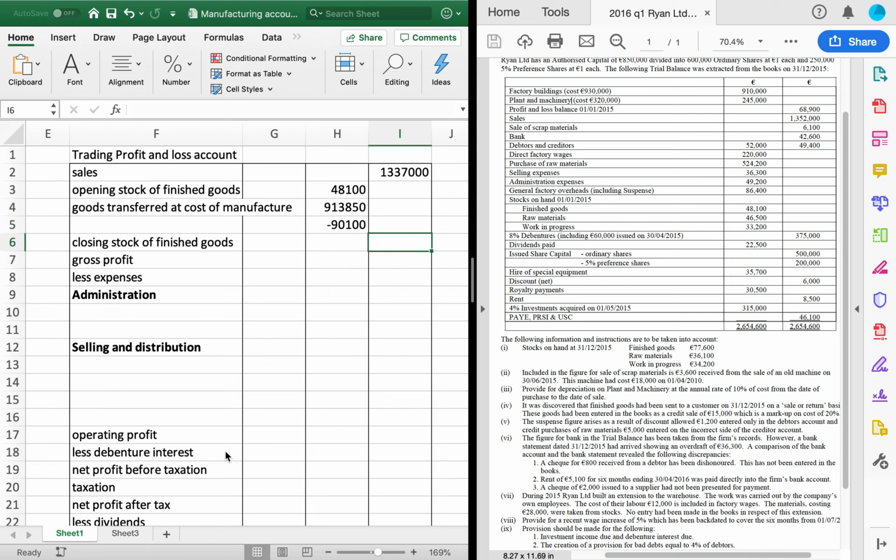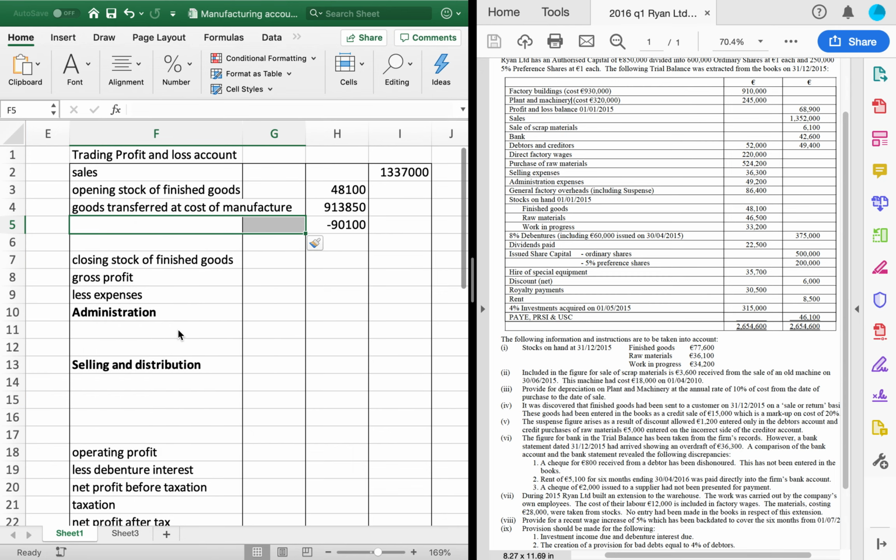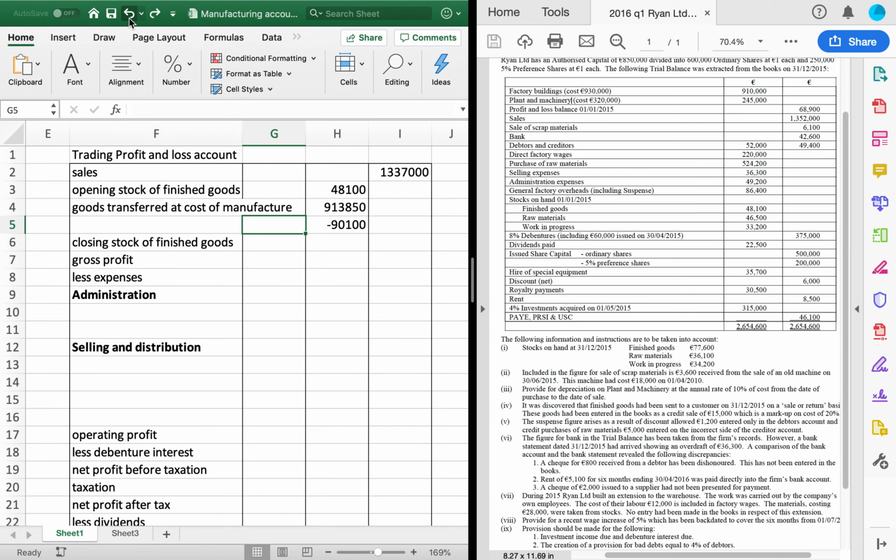Alright, so usual job, opening stock. Sorry, when I inserted the line there, I put it everywhere. So, bear with me here. I'll skip a line. So then it's usual job there, opening stock plus purchases minus closing stock, and we're going to take that away from your sales.